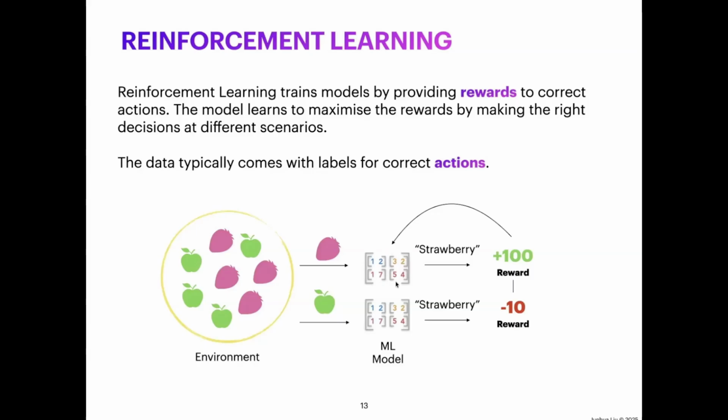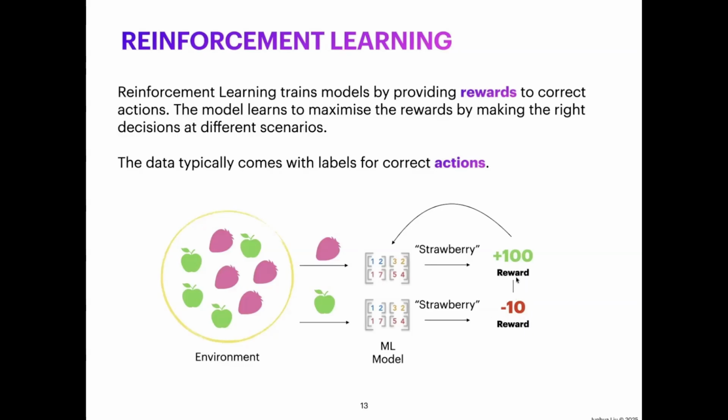If this model observes these inputs and decides to take the action of guessing strawberry, the model will be rewarded, say, 100 points. In another case, this shape is passed into the reinforcement learning model, and the model decides to guess it's a strawberry. Then, given this observation and the action, the model will be penalized with minus 10 marks.